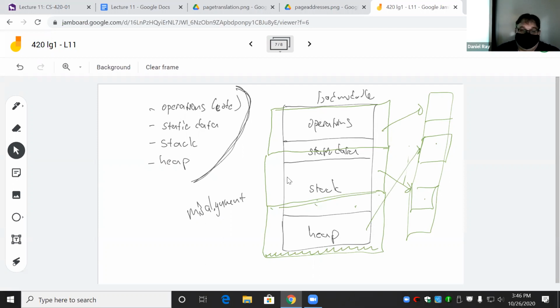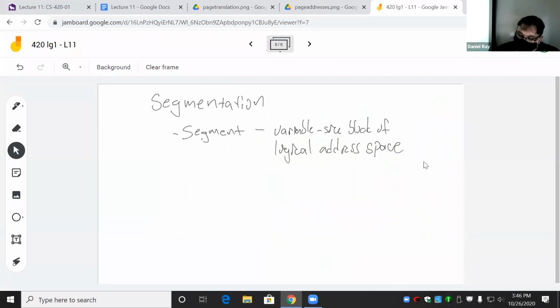And then the stack will be moved in as one segment. And then the heap can be moved in as one segment by itself. So in order to facilitate this, we make use of a segment table.